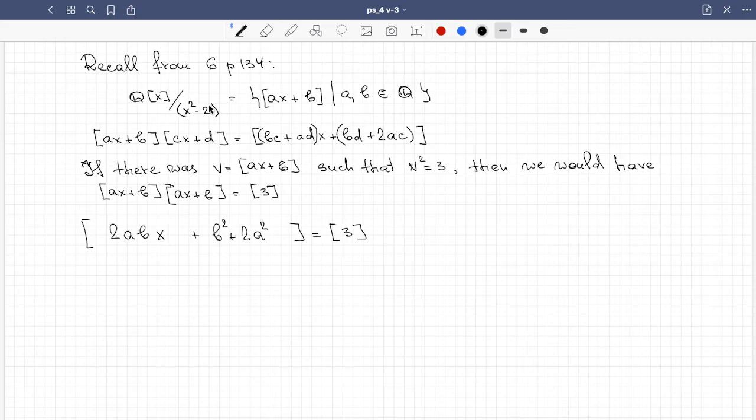A polynomial of degree 1 or 0 cannot be divisible by x squared minus 2, so all different expressions are in different classes. So the expressions must be the same. Thus, first of all, 2ab must be 0, and secondly, b squared plus 2a squared must be 3.